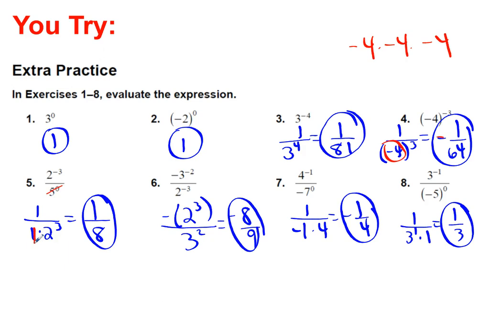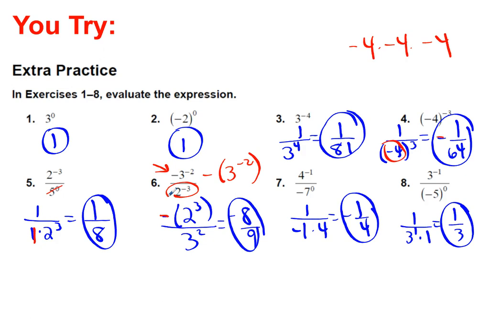Number 6, we had to be very careful with that negative sign because it's not being taken to the power of negative 2. This is kind of like saying negative of 3 to the negative 2. So only the 3 squared came to the bottom and the negative stayed on the top. Here we had another negative exponent, so it moved to the top, giving us negative 8/9.